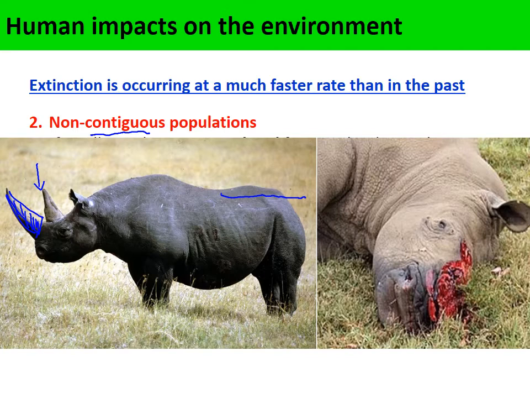So overhunting of these black rhinos has led to an isolation of the small population. So imagine these individuals in the middle of the population were killed off. We get smaller populations that are now isolated, and the gene flow is interrupted. The genetic health of these small populations is then reduced. So the gene pool is made smaller, and the genetic health of these individuals obviously then becomes reduced.